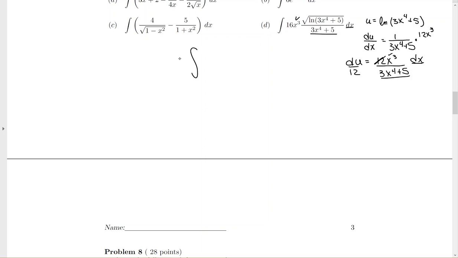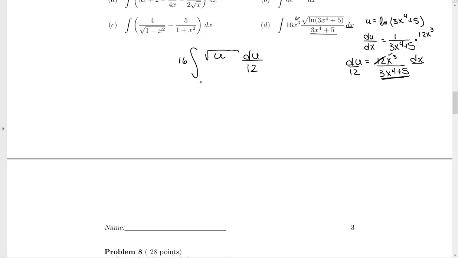The 16 can come out in front. This square root of this natural log thing is just u. And then the x cubed over 3x to the fourth plus 5 dx is right here. X cubed over 3x to the fourth plus 5 dx. So that's the same as du over 12.